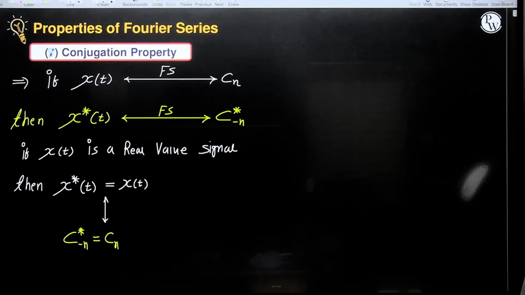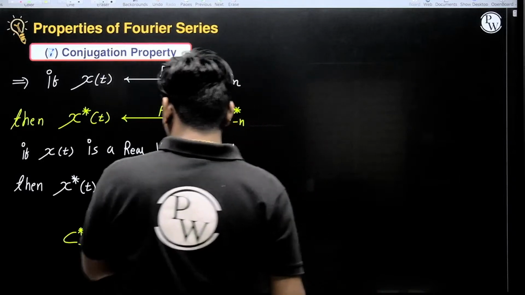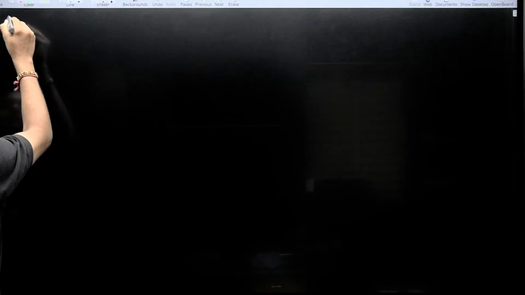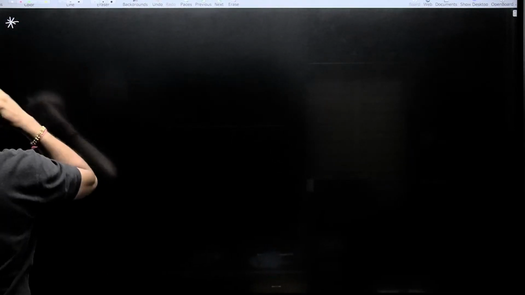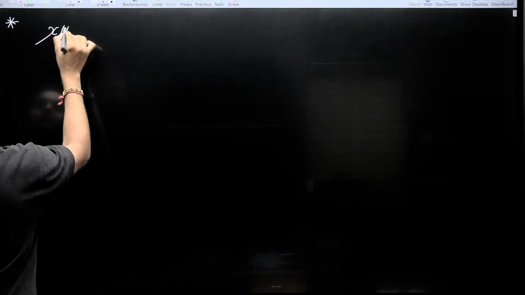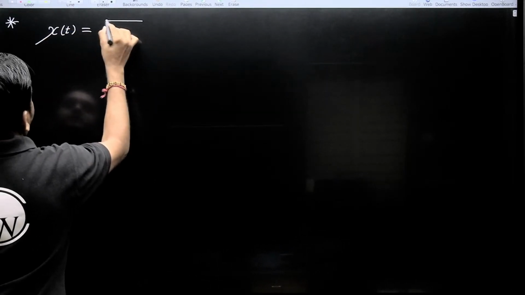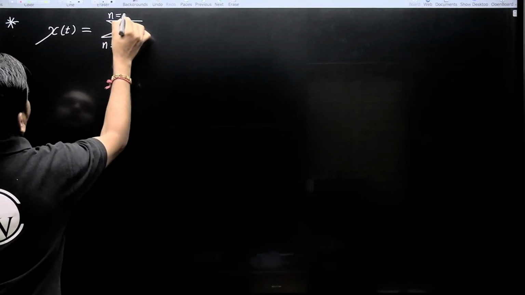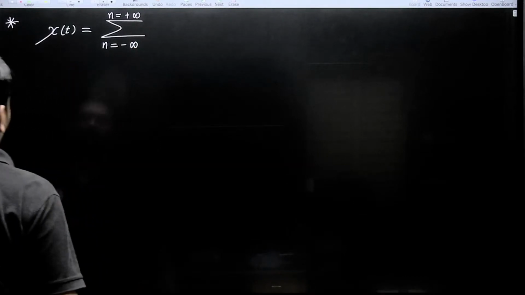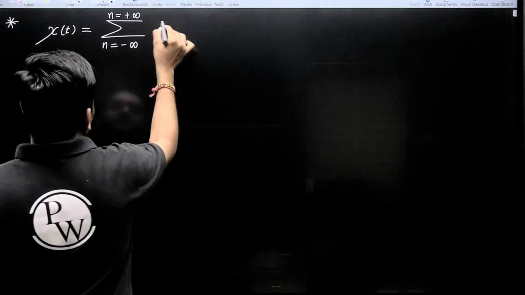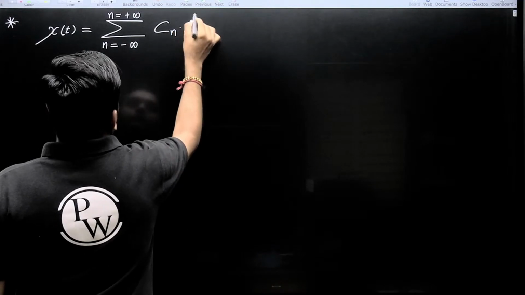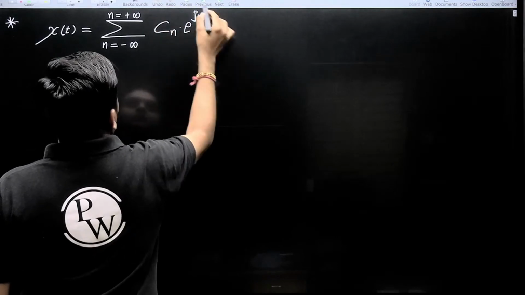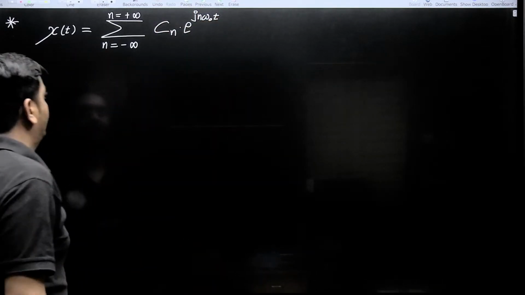Yes, okay, fine. So let me prove this property. Here, x of t is the summation from minus infinity to plus infinity of Cn e to the power j n omega 0 t.